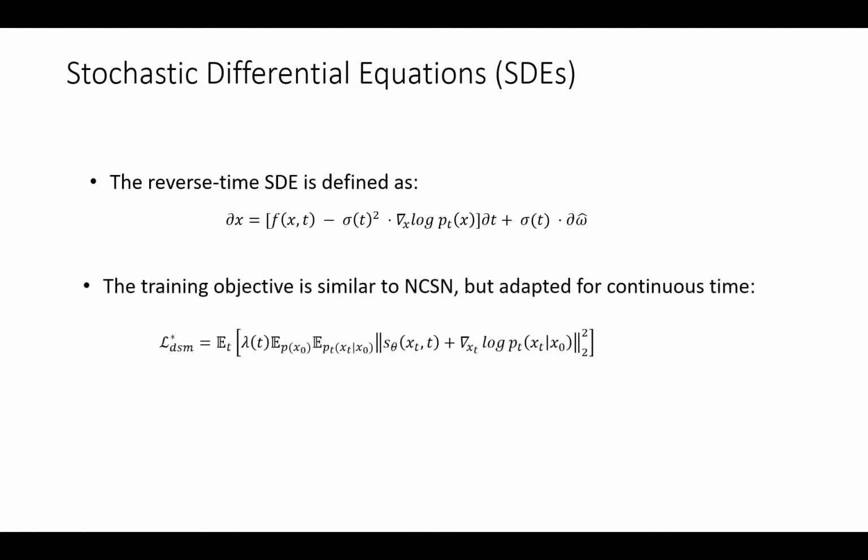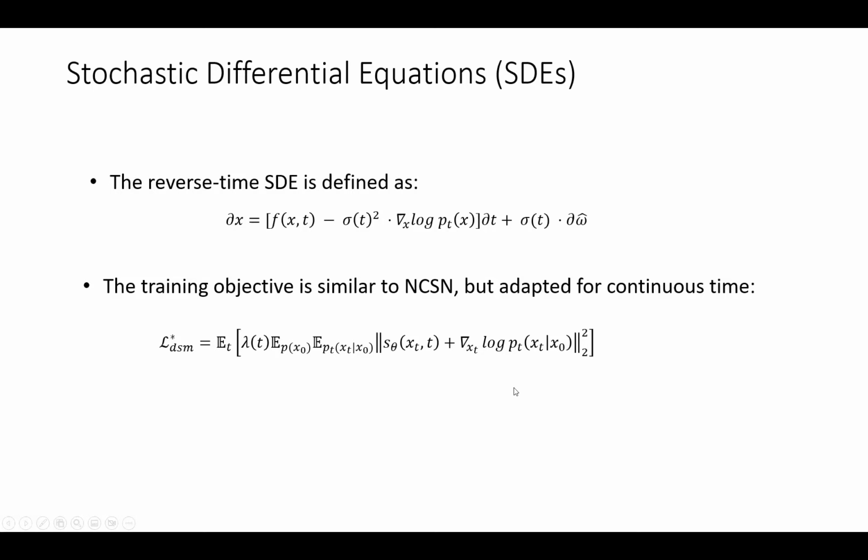So therefore, the training objective is similar to the score matching network. Here we want to use the network to train, which will give us this S theta, and that, as you know, is the gradient of the log probability.